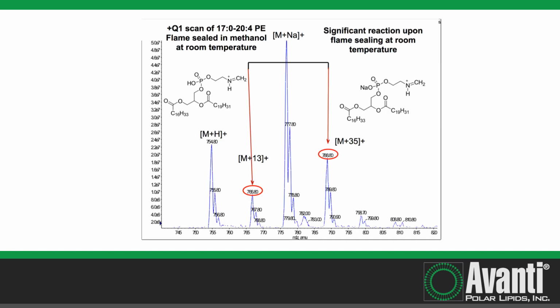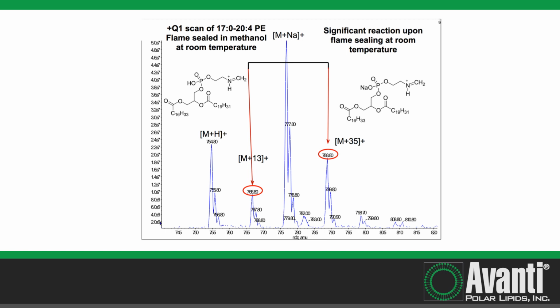But if you take a flame and heat that vial which you're trying to seal, the methanol is a vapor and it's being burned by that flame, forming formaldehyde and dropping back down into the solvent methanol. And here we now see two new peaks which have emerged, plus 13 and plus 35 from the molecular weight.